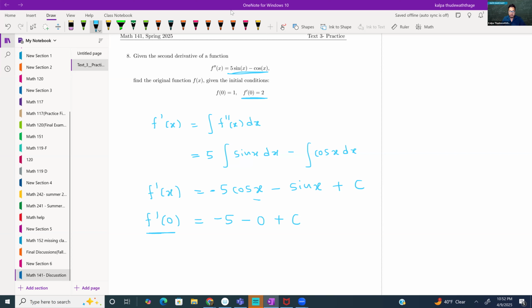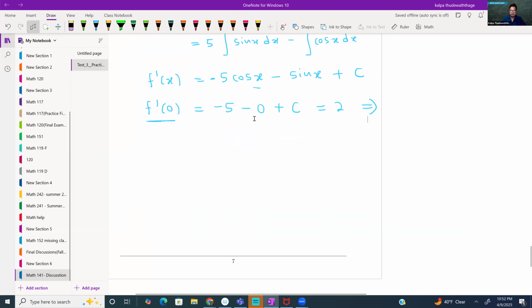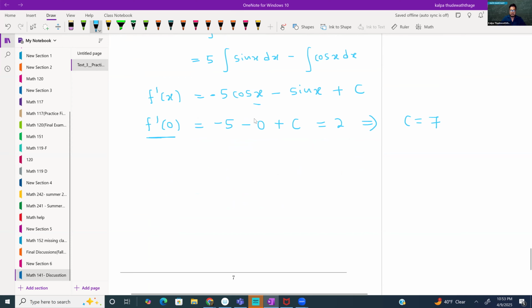But I know that value is given as 2. So you can solve for c. C will be 7. That's my arbitrary constant. Now I know my first derivative exactly, because I know the arbitrary constant, which is plus 7.